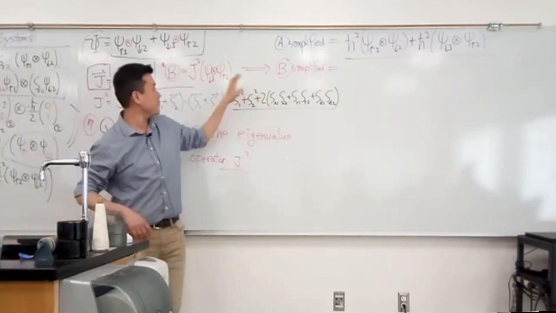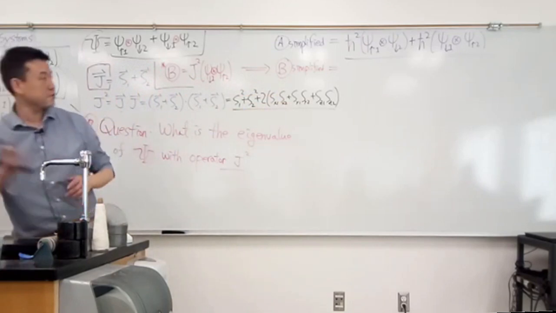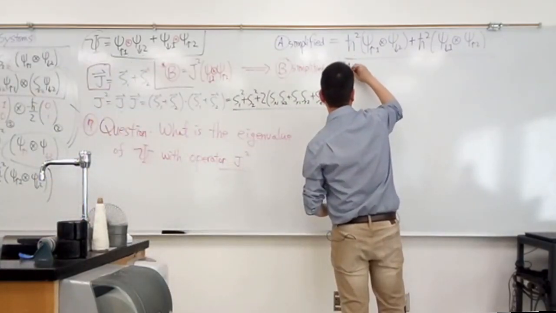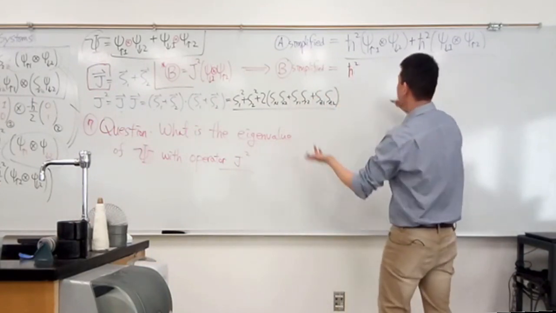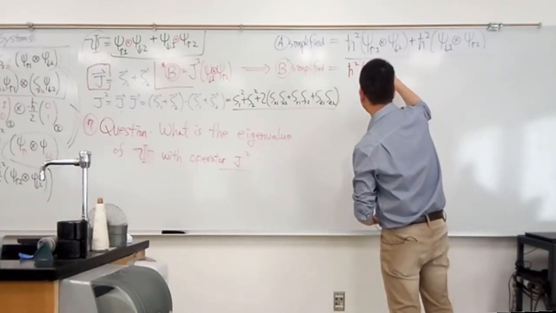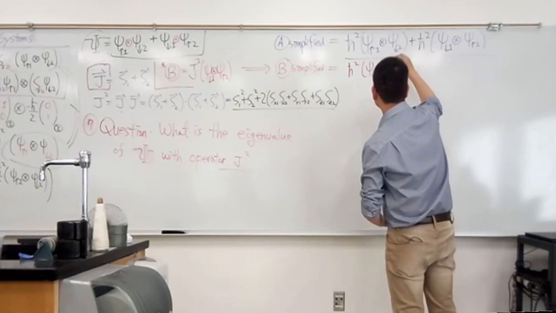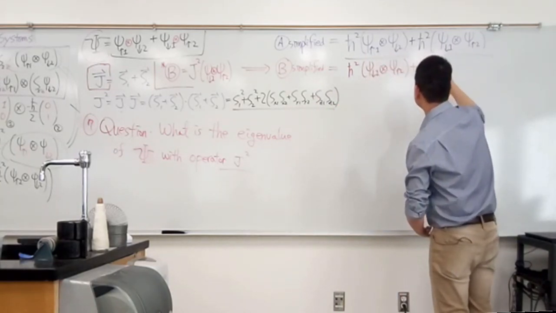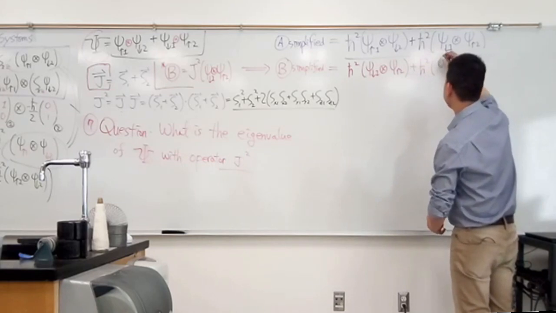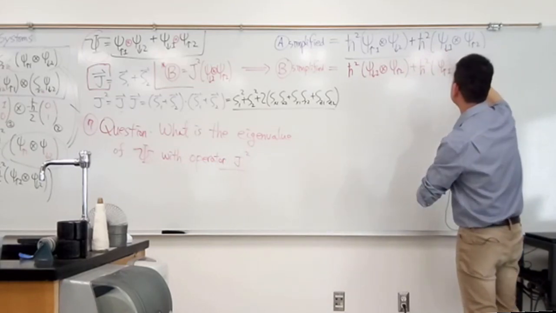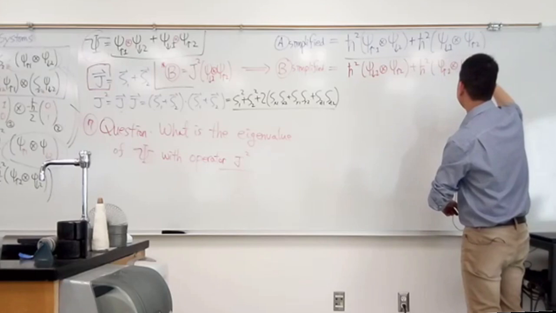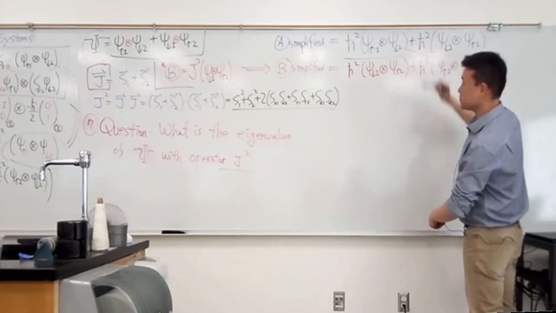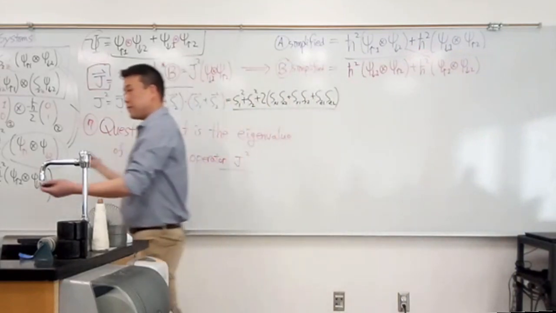And if you did that, for the second part, this is what you should have ended up with: H bar, if you're keeping it in the same order, psi down 1, psi up 2, plus H bar squared, psi up 1, psi down 2. These match, so that's how you end up with the eigenstate.